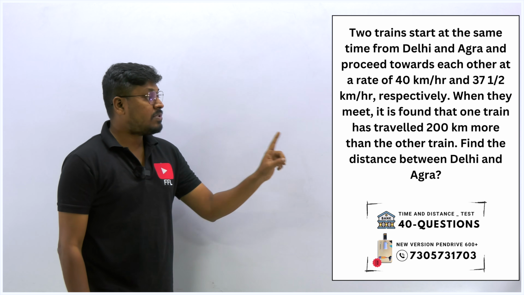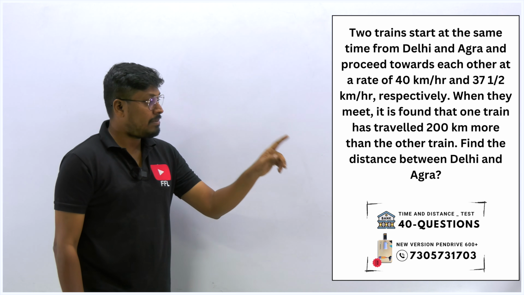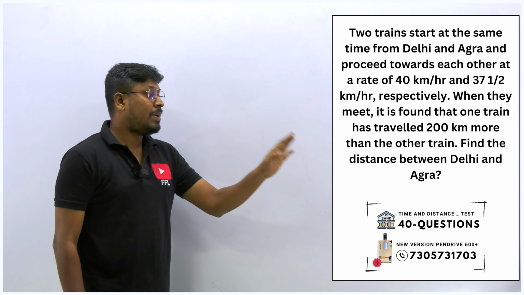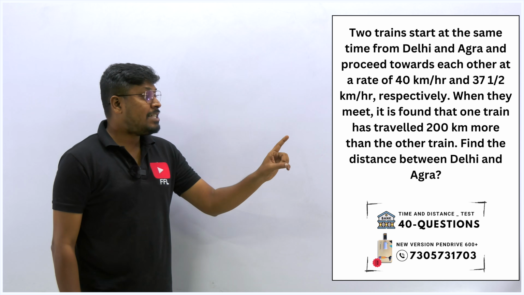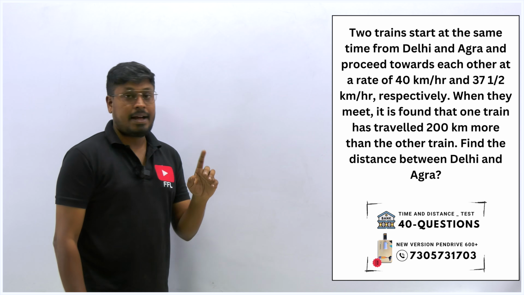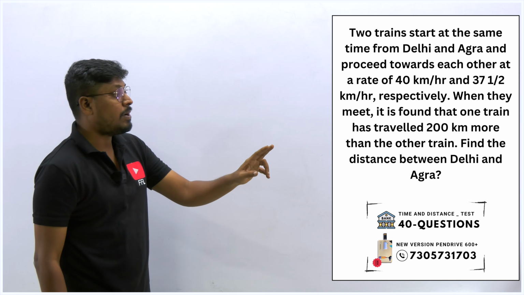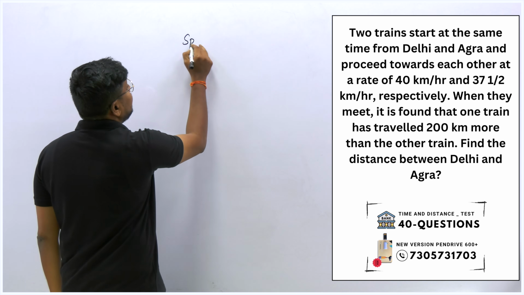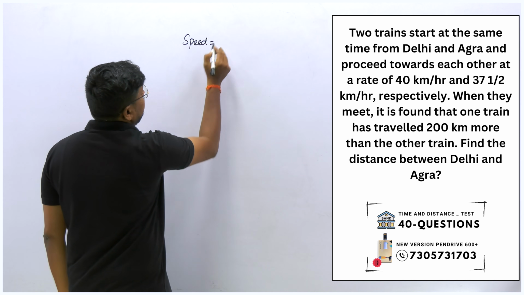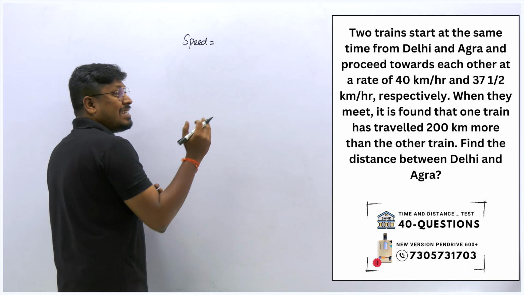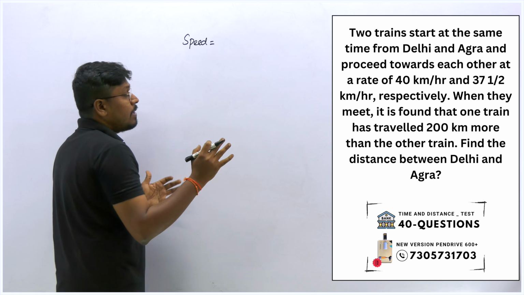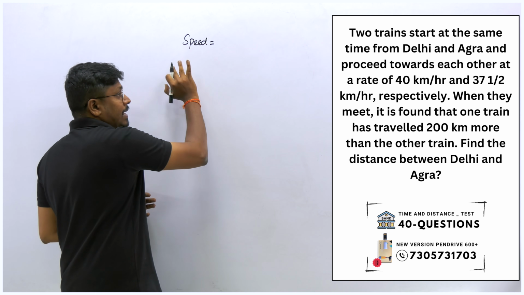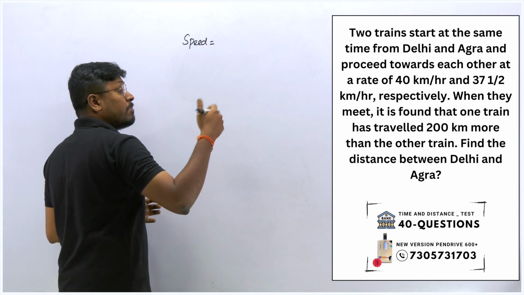So now, what they are saying is two trains start at the same time from Delhi and Agra and proceed towards each other. The first train speed is 40 km per hour. The second train speed is 37 1 by 2 km per hour. First we can find the ratio of their speeds, because one train travels 200 km more than the other.